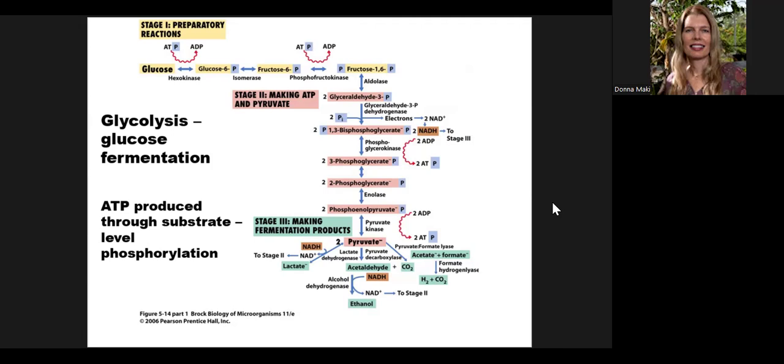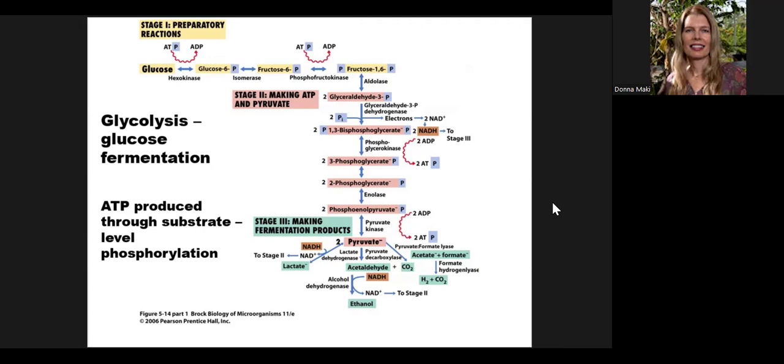So remember now, glucose, the starting molecule, is C6H12O6. And then when you end up with pyruvate or any of the stage 3 products, it's not a complete breakdown to CO2. So microbes can do this glycolysis and they'll get 2 ATP out of it. Remember, there's maybe 2 of everything in this pathway.